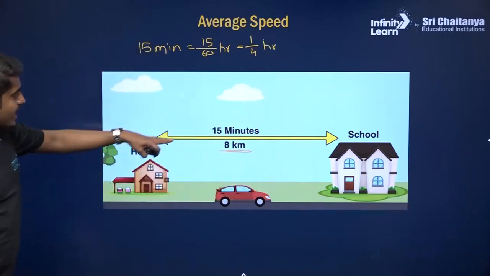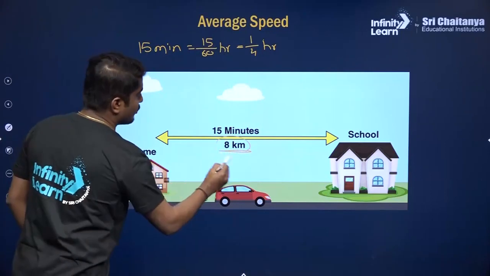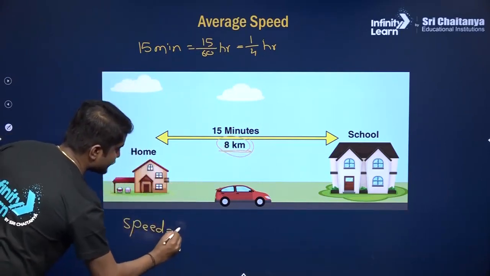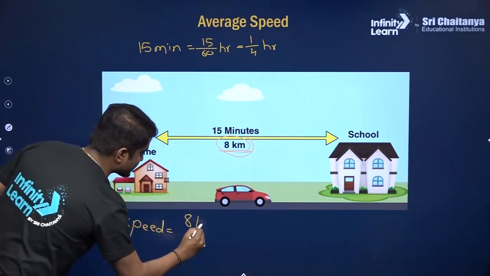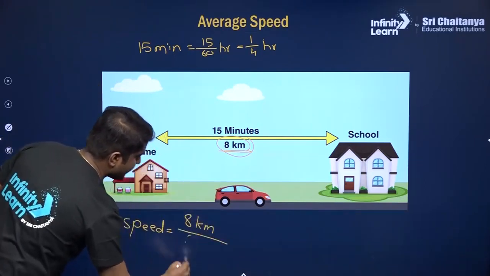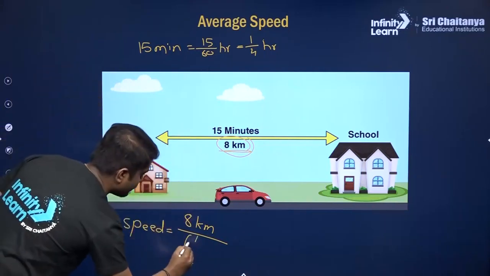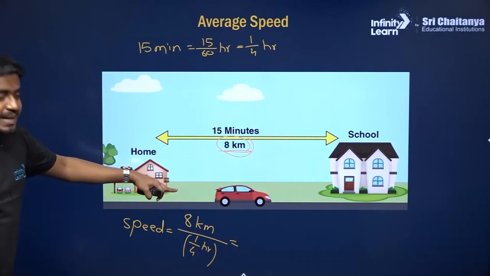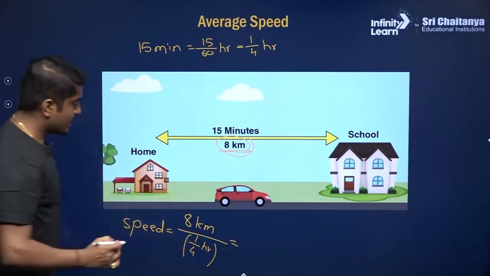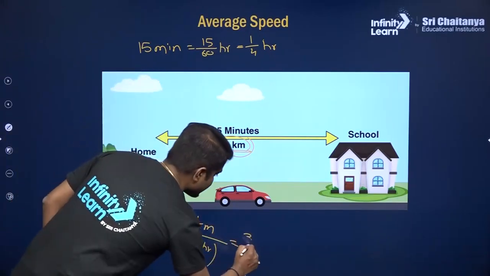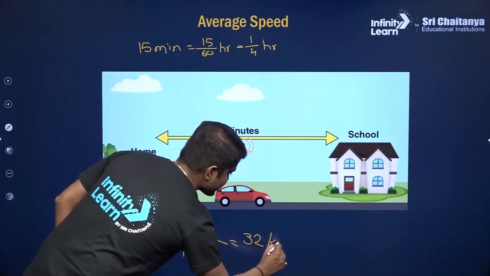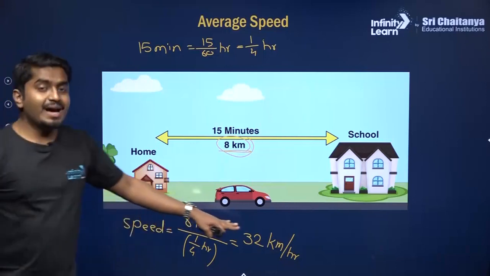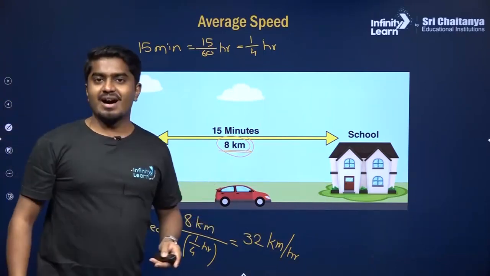And the distance is 8 kilometers. So speed is distance, 8 kilometers, divided by time, 1/4 hours. Multiply numerator and denominator by 4, you get 8 into 4, that is 32 kilometers per hour. That is going to be the average speed of this car.